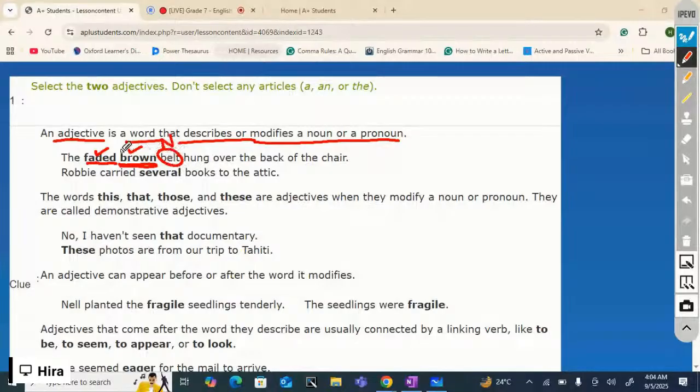What kind of belt is it? Is it a faded belt and a brown belt? So two adjectives are describing this noun. The faded brown belt hung over the back of the chair.